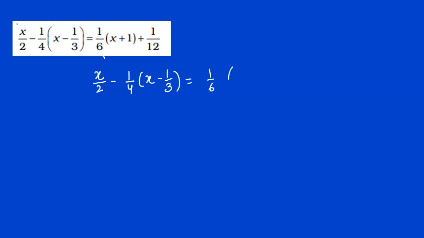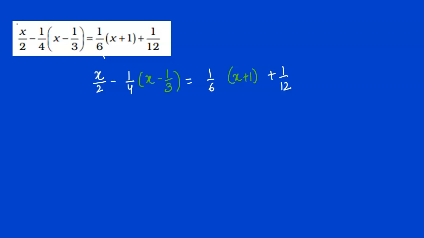The problem is this. So let's bring in some colors so that it becomes easy. Now look at the green parts. They are inside the bracket and we have a number outside. 1 by 4 is being multiplied by everything which is inside the green part, and on the other side 1 by 6 is being multiplied by everything which is inside the bracket.